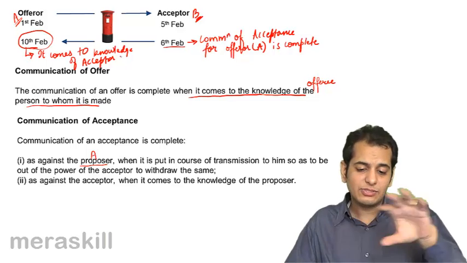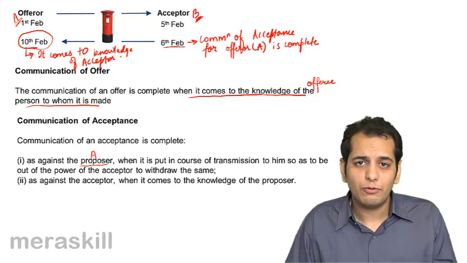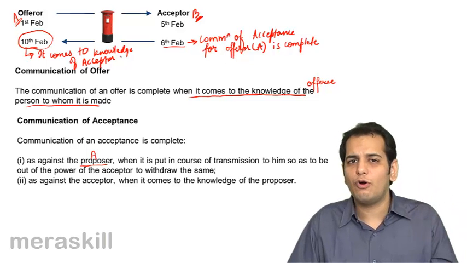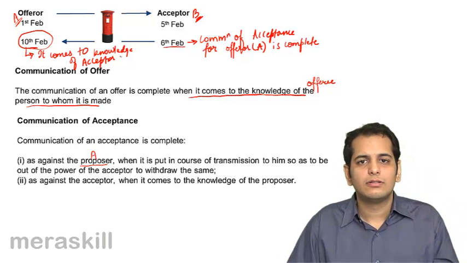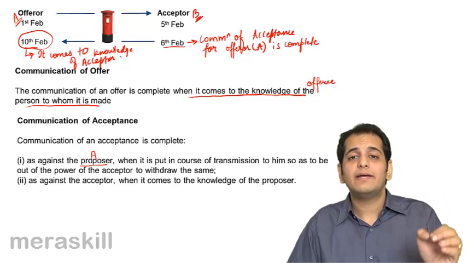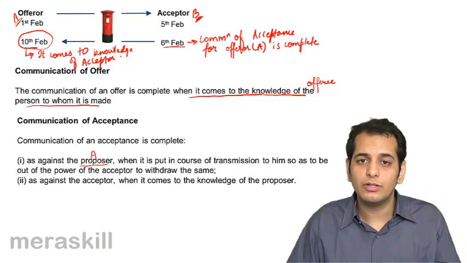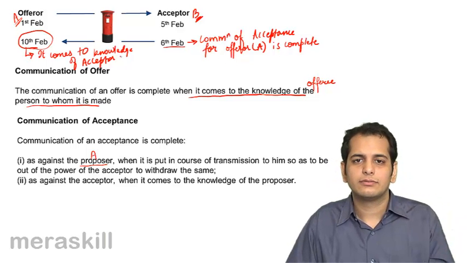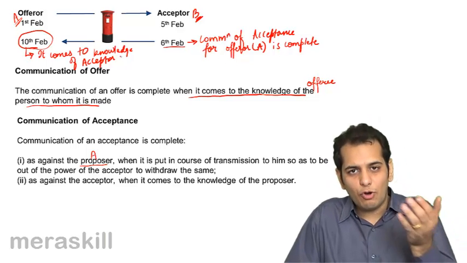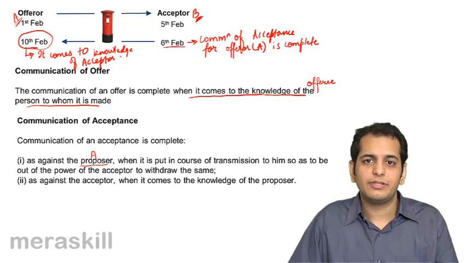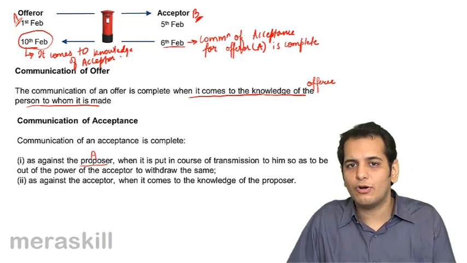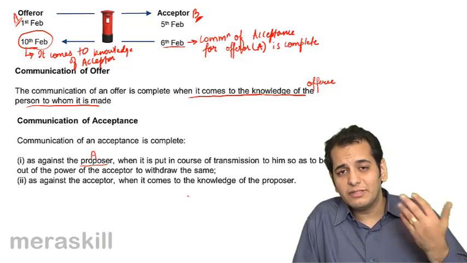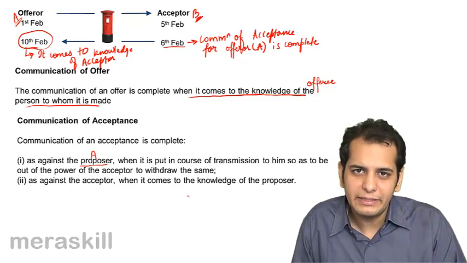So let us just take a recap of all this. Communication of offer is complete when it comes to the knowledge of the acceptor or the offeree, when the offeree reads it, when the offeree receives the letter of offer. And when will the communication of acceptance be complete?